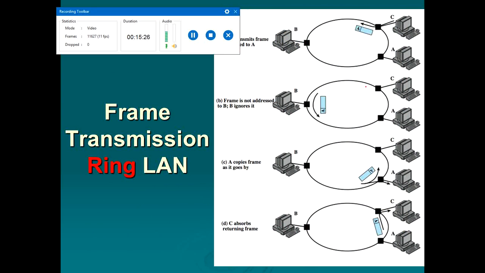Alright, now let's see an example. This is an example of a ring network.